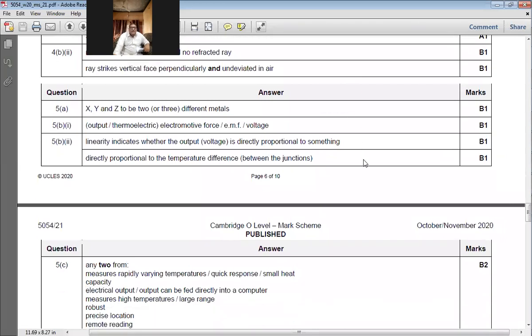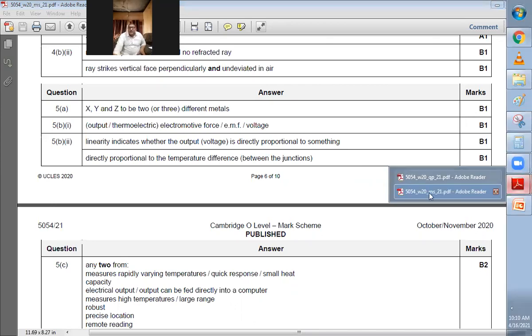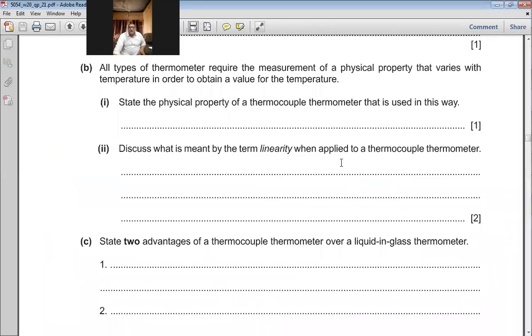The marking scheme says X, Y, and Z to be 2 or 3 different metals. Output: thermoelectric electromotive force, or EMF, or voltage. This is the property which is used to measure the temperature. So let's go back and see the next question.